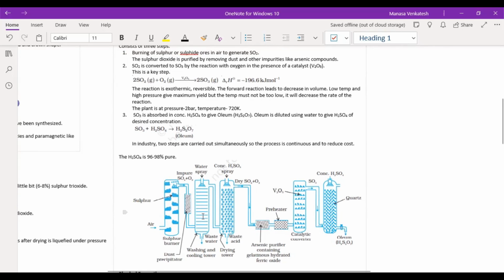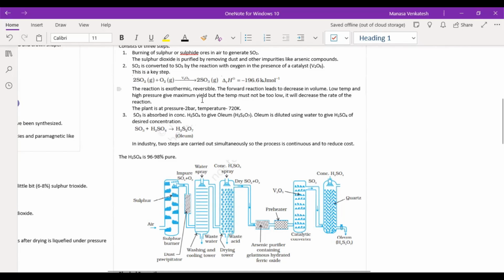Now, the sulfur dioxide is converted to SO3 using a catalyst. Sulfur dioxide in the presence of oxygen gets converted in the presence of vanadium pentoxide to give us SO3.